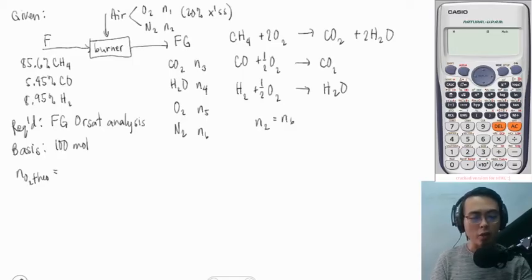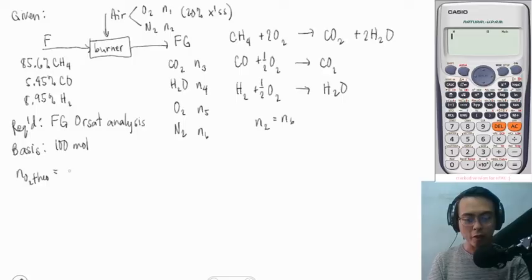Now, if you take a look at your developed equations for your fuel, you have three equations, one for methane, one for CO, and one for hydrogen. And all those three equations are all using oxygen. That means that in your NO2 theo, you should have three terms, each term corresponding to a component of the feed. So let's start with methane.